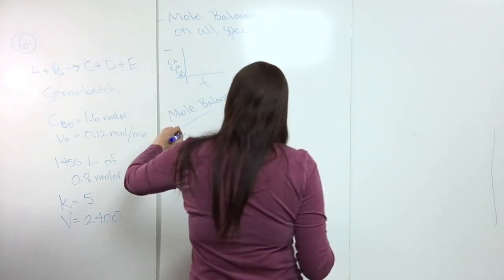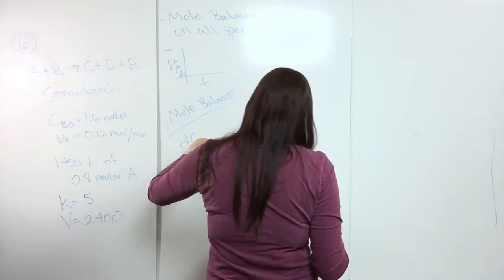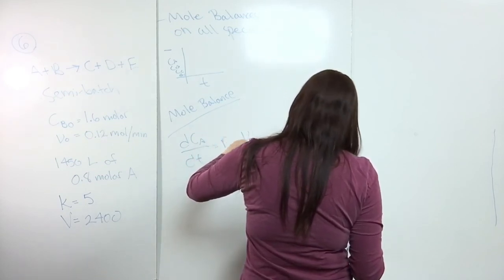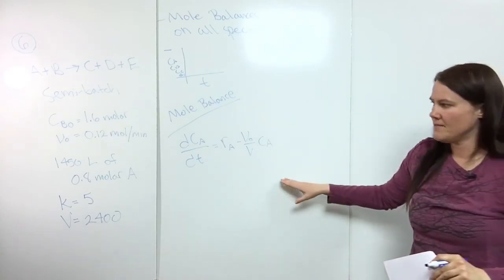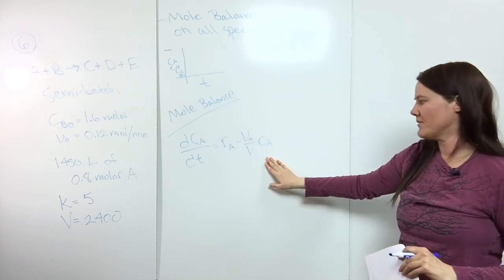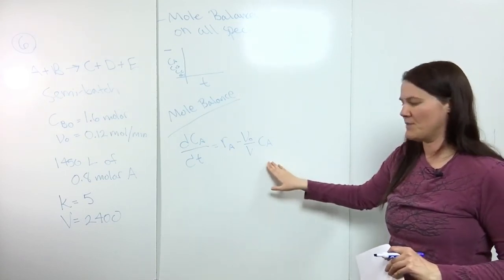So for each species, so for A, it would be dCA dt is equal to RA minus V naught over V CA. And if you aren't sure where this came from, then review semi-batch reactors. I did a video on how to derive these mole balances.